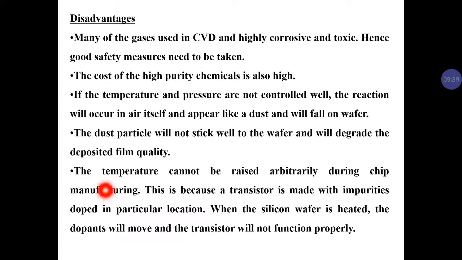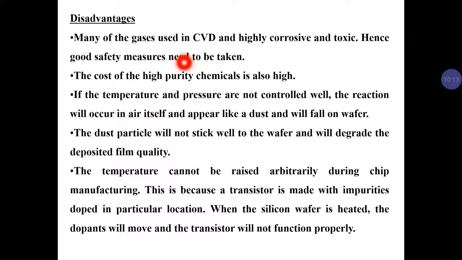The temperature cannot be raised arbitrarily during chip manufacturing, because the transistor is made with impurities doped in particular locations. When the wafer is heated, the dopants will move and the transistor will not function properly. So if it acts as a dust particle, then it will affect the chip function, and the transistor will not work properly.